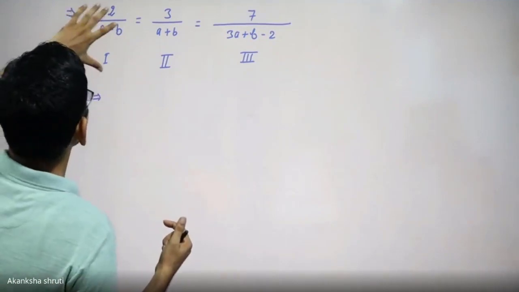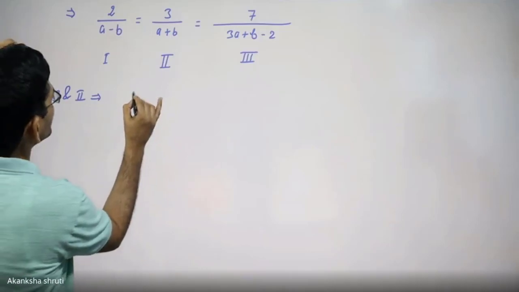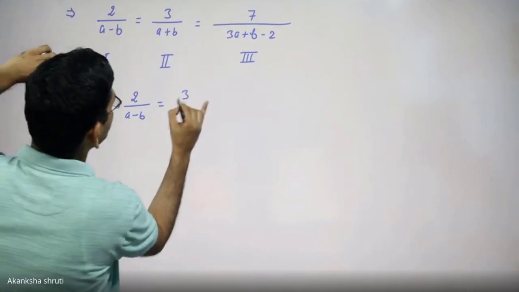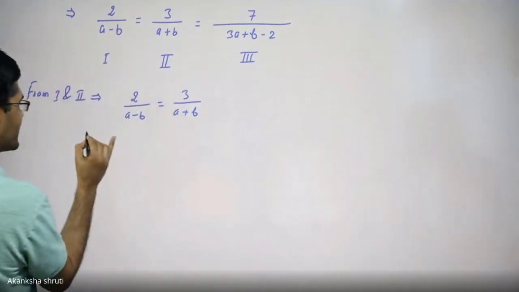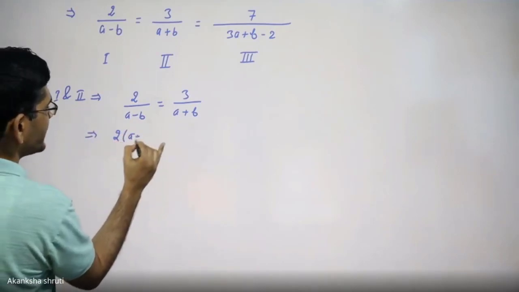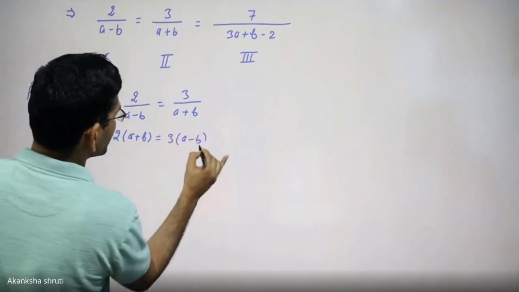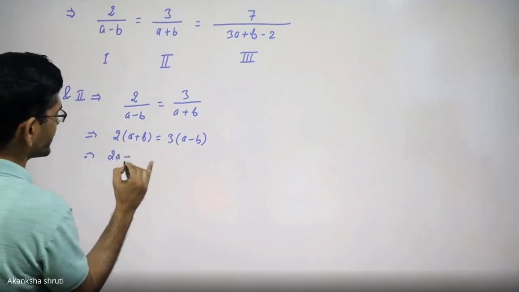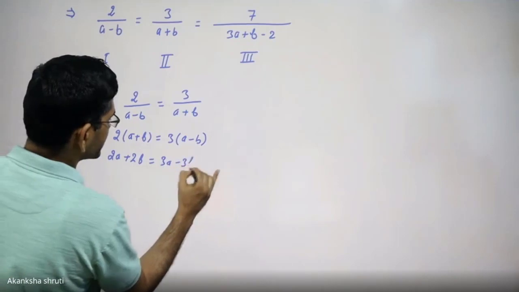So students, equating these first two ratios, we are able to get 2 by A minus B is equal to 3 by A plus B. Go for the cross multiplication. It becomes twice of A plus B is equal to thrice of A minus B. This implies, go for the distributive property, 2A plus 2B is equal to 3A minus 3B.